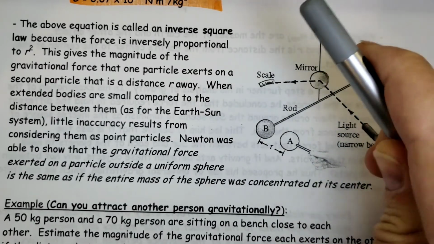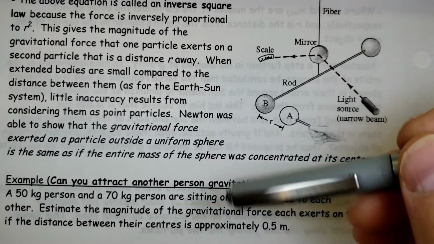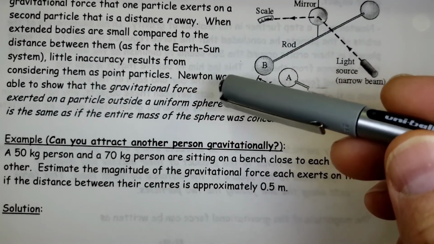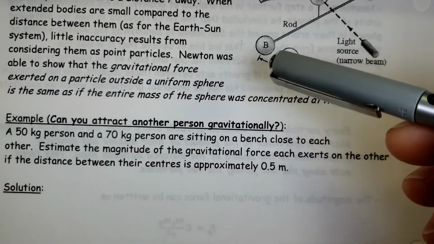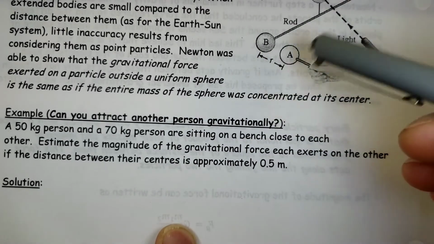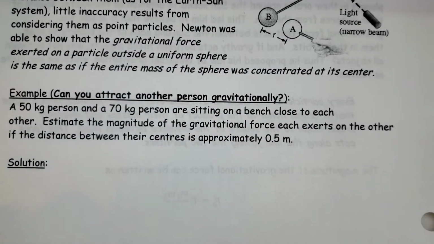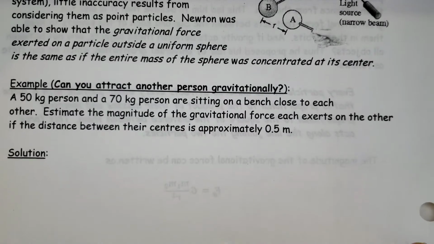Usually we don't worry about the radius of the box because the Earth's radius is so large compared to that. Newton was able to show that the gravitational force exerted on a particle outside a uniform sphere is the same as if the entire mass of the sphere was concentrated at its center. So when we're talking about smaller objects, we can get away with doing that.